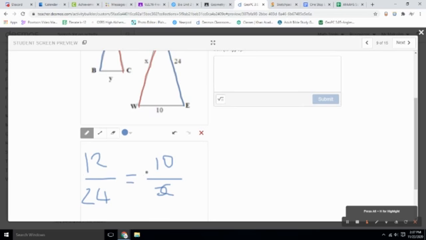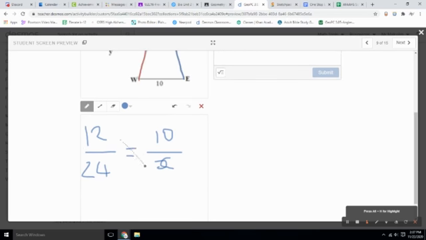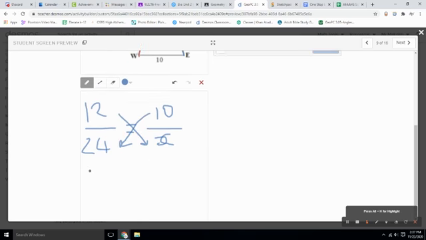Okay? And if we were to do it out, we would cross multiply, just like before, and we would have 12x equals 240. And so we would divide both sides by 12, and x would be 20.